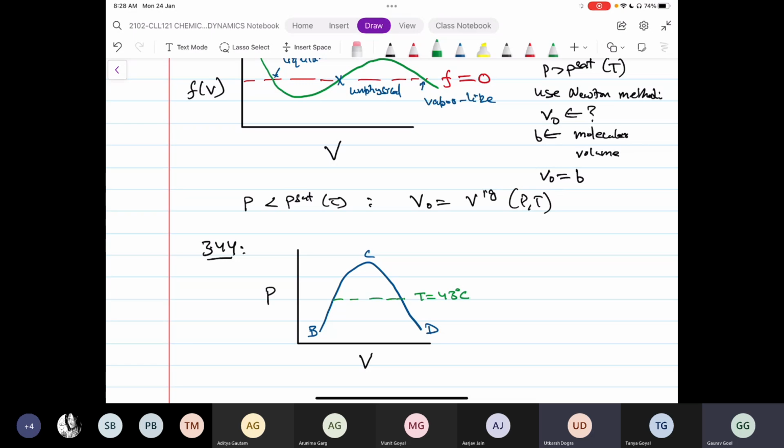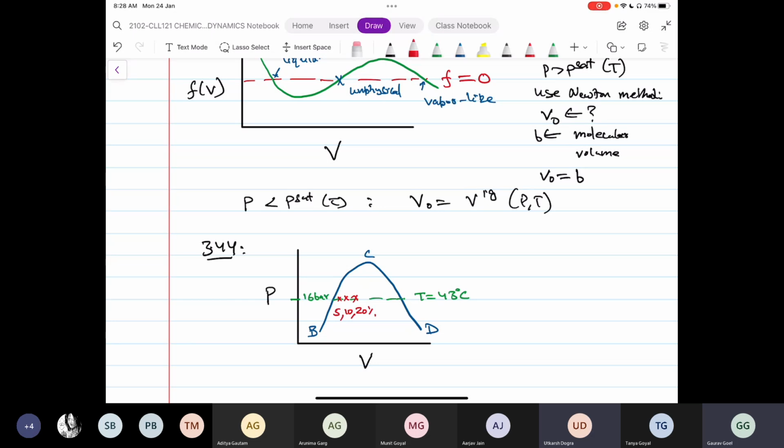We are given that the initial temperature is 43 degrees Celsius and pressure is 16 bar. And there are three different initial states: 20% vapor, 10%, and 5%. So these are the three initial states.